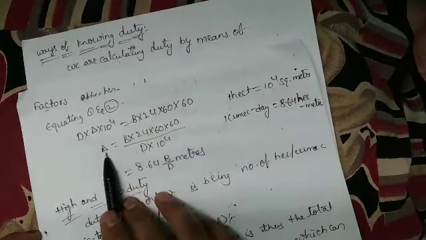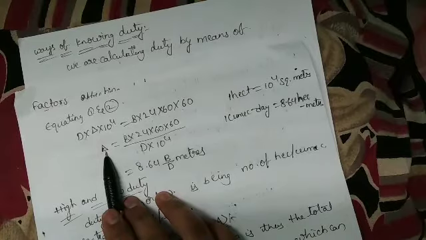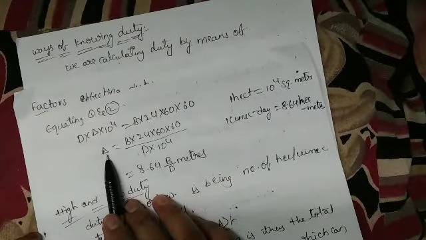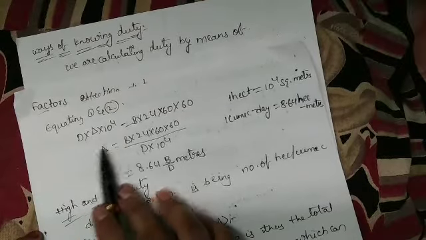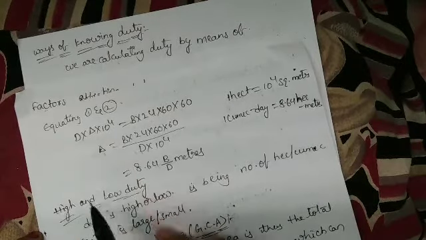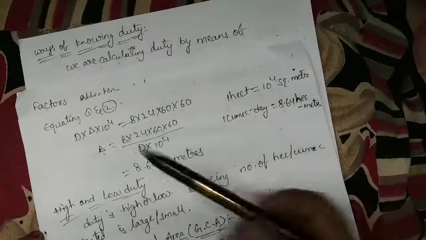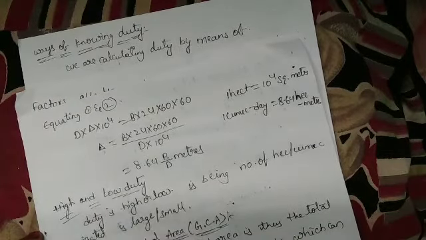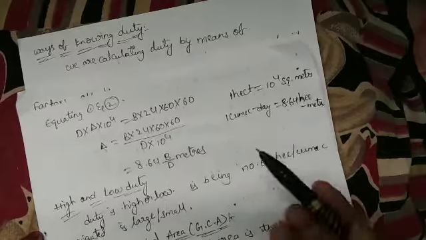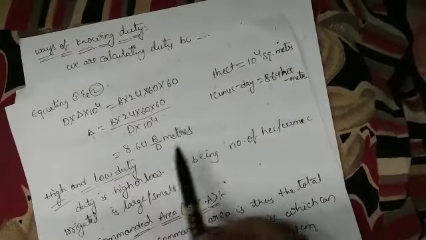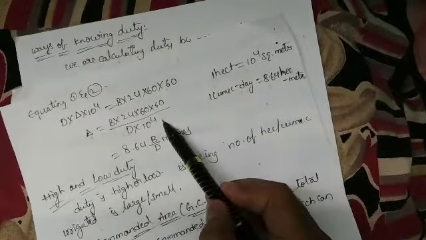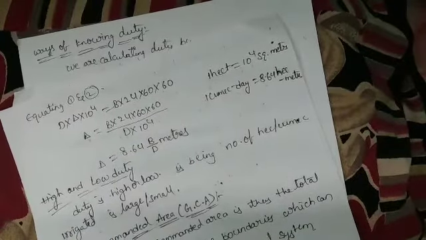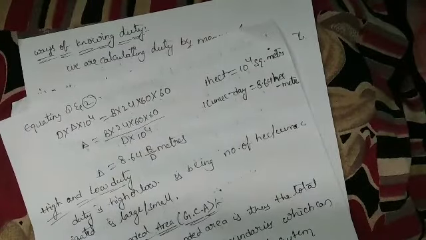We keep only delta on the left-hand side, and D into 10 to the power of 4 goes to the right-hand side, dividing. So the total calculation gives delta equals 8.64 into B by D meters.